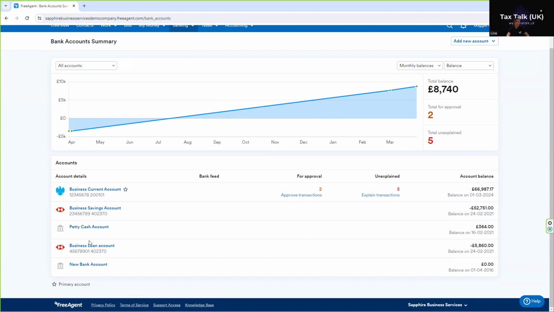Even in this account, we have a petty cash. If we are reconciling that against actual petty cash, then we could enter a manual transaction into the petty cash balance to keep an accurate account, and to reconcile: yes, this is what Freeagent says I have in my petty cash, and this is what I have in my petty cash tin, if you use your petty cash in that way.